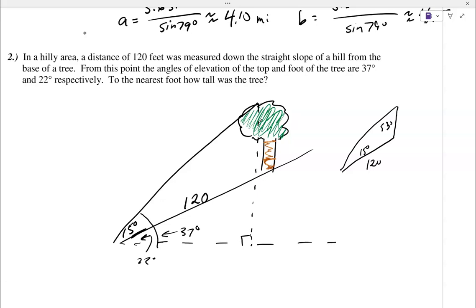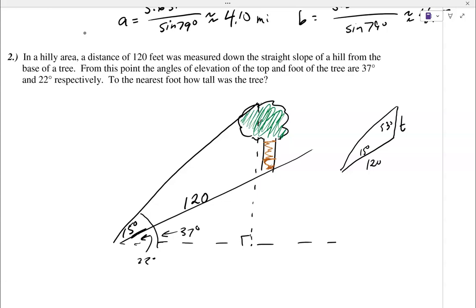Okay. All right. So now can we figure out the height of the tree? If this is my tree, I'll just call it T for tree. What equation would you set up? I found the third angle first. Oh, I guess you don't need to.